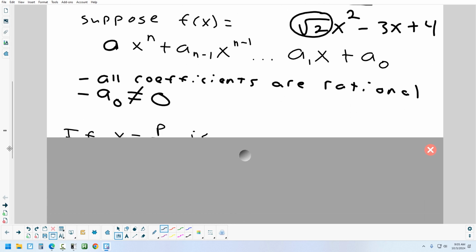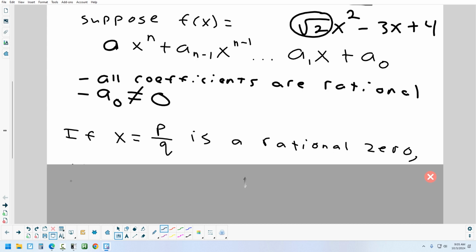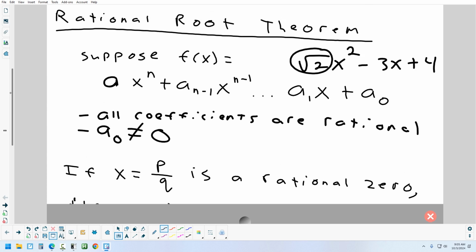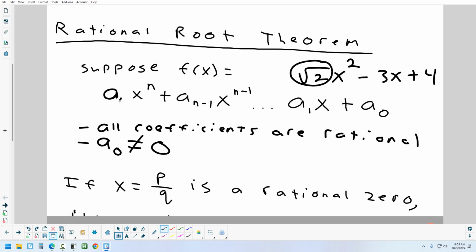So if this is going to cross at a fraction, let's call the number in the top of the fraction where it crosses p, and the number that represents the denominator q. The p and the q come from the two things that I have circled here and here.